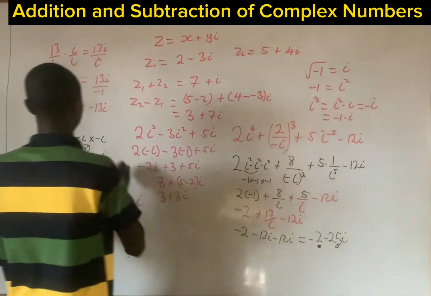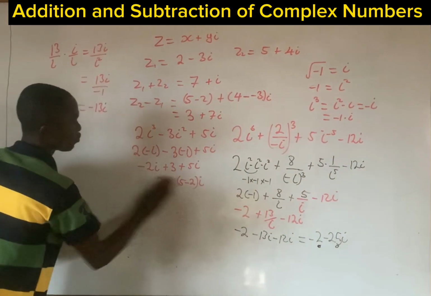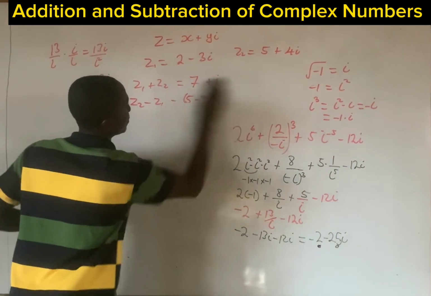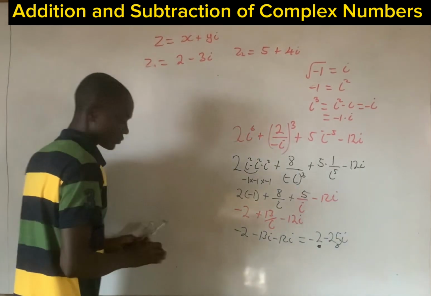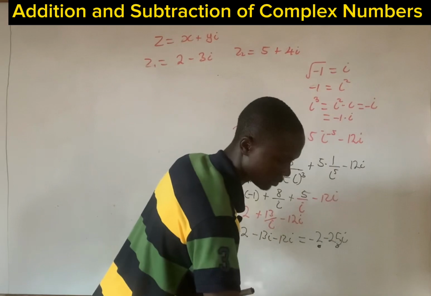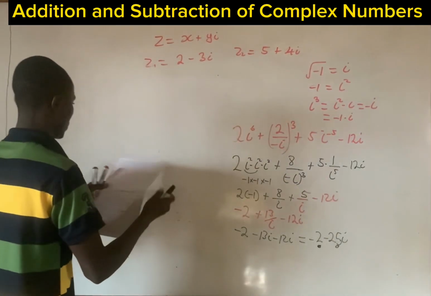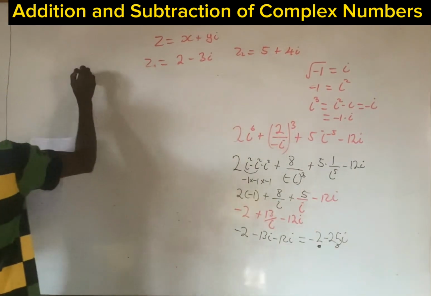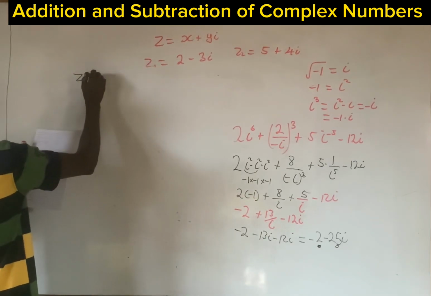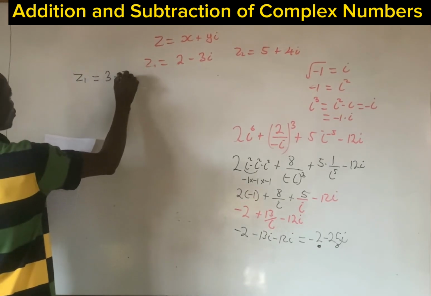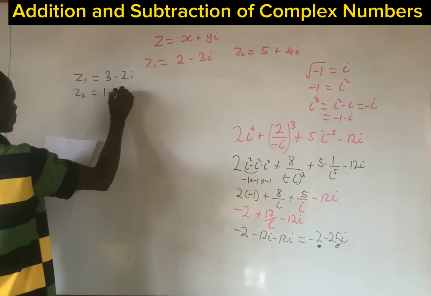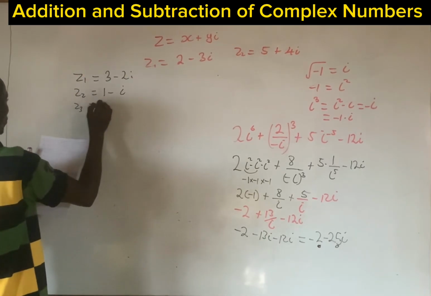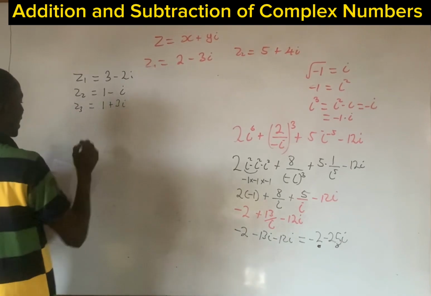Okay, now if I have this one, let's try this one quickly. If I have z1 equals 3 minus 2i, z2 equals 1 minus i, and z3 equals 1 plus 3i.